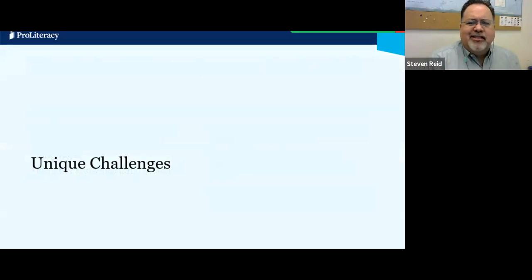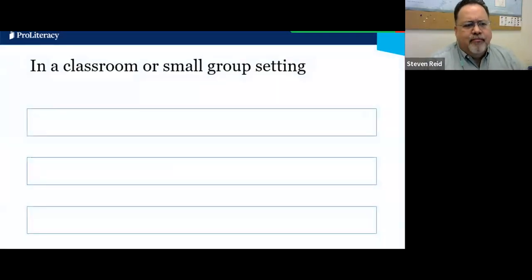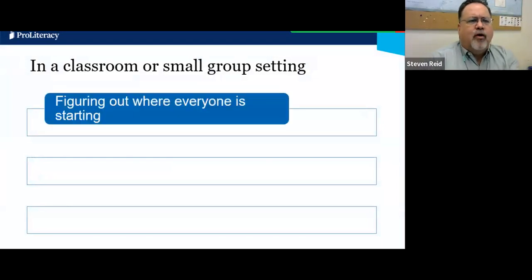So, what are the challenges that we run into when we're working with these two levels? Because these are some unique situations. In the classroom or small group setting, the first challenge you're going to run into is figuring out where is everyone starting.